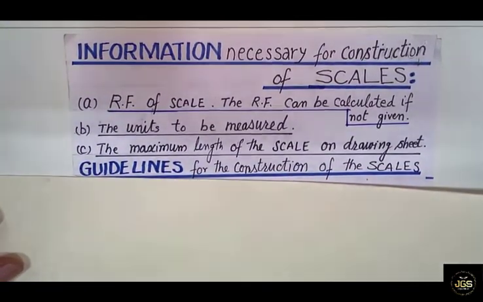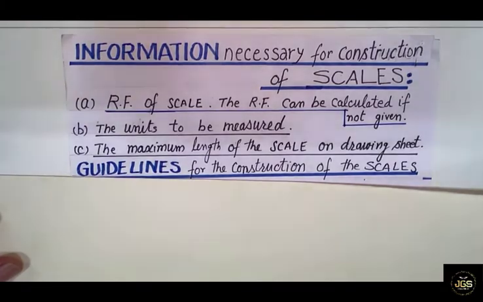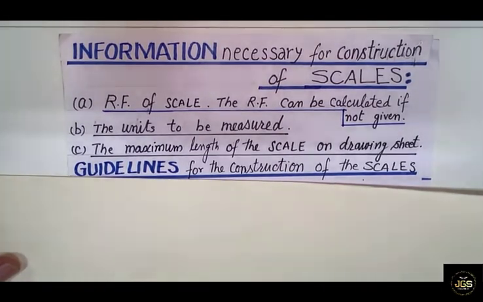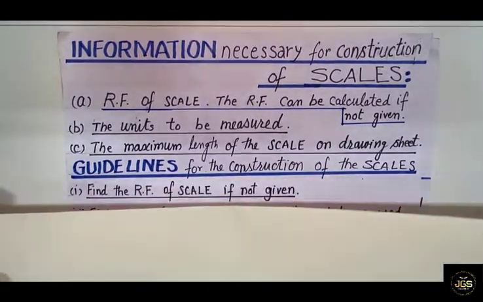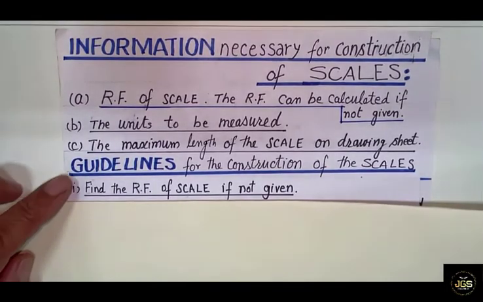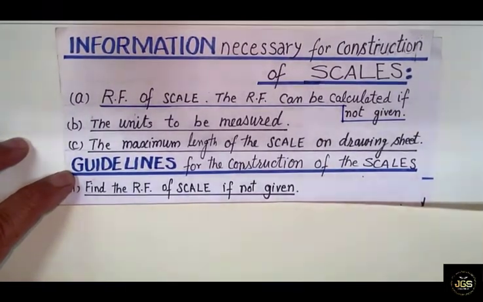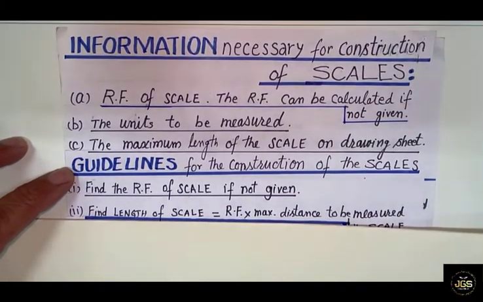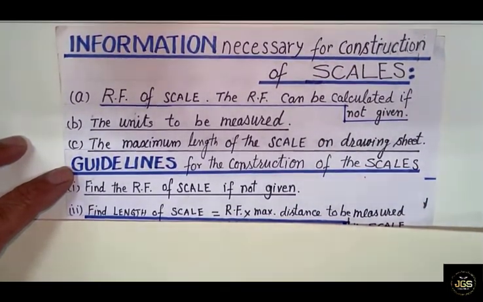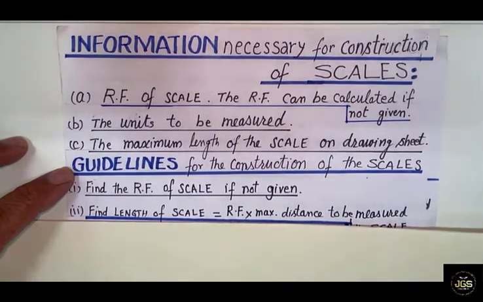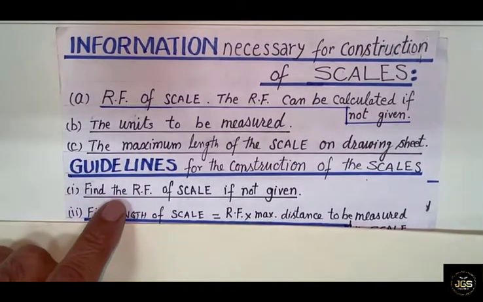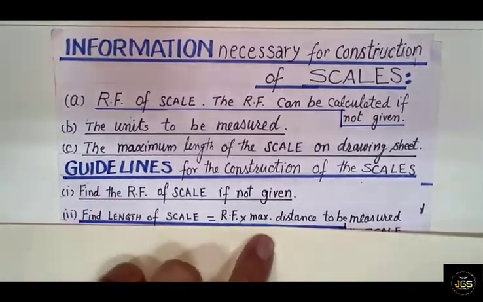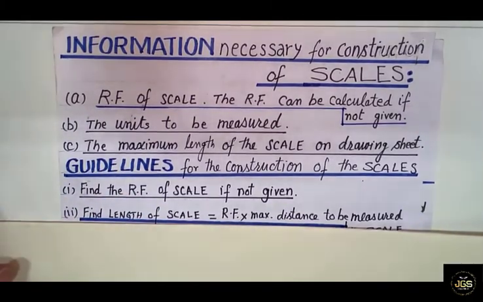If you have the knowledge about this, then there are some guidelines for the construction of scales. What are the guidelines? Number one, find the RF of the scale if not given. Then number two, find the length of the scale. It is equal to RF that we have calculated in point number one, multiplied by maximum distance to be measured by the scale.